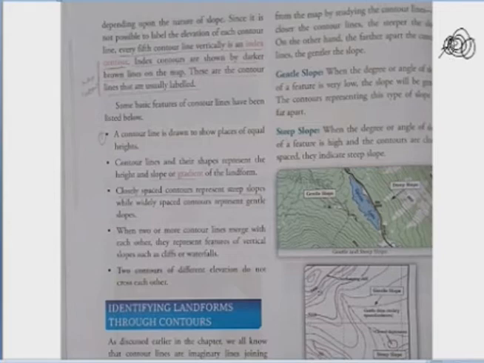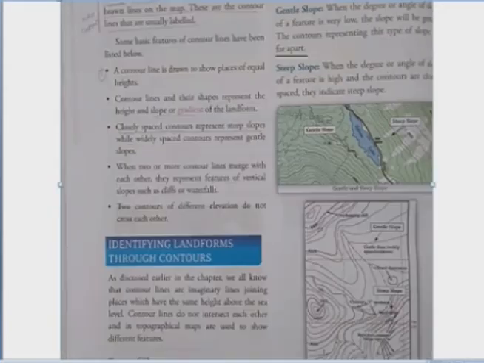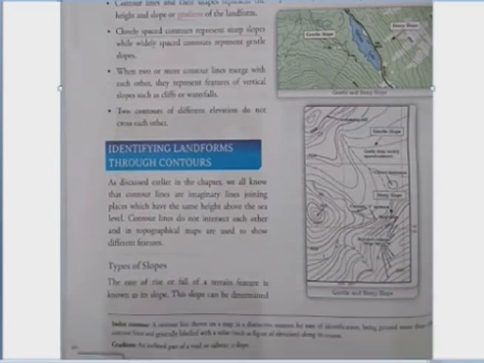Gentle slope: when the degree or angle of slope of a feature is very low, the slope will be gentle. The contours representing this type of slope are far apart, meaning the contour lines are very far from each other. And where there is a steep slope, where the slopes are steep, contours are placed very close, like in this figure.